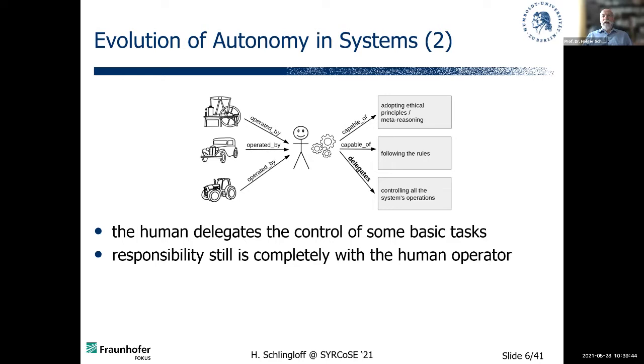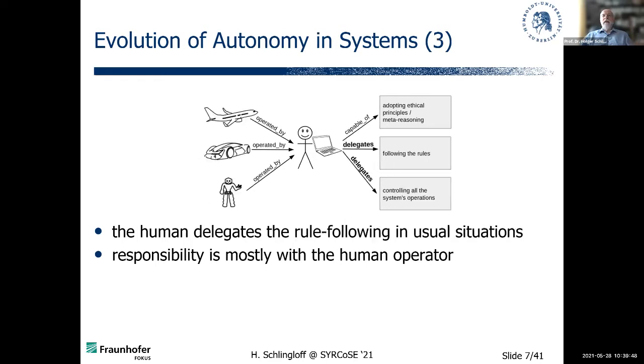Well, systems become more and more complex, and now we are in a state where we have systems which are augmented by human beings. So what we have are planes and assisted cars and robots, where the human delegates not only the control of the system's operations, but also the following of the rules.